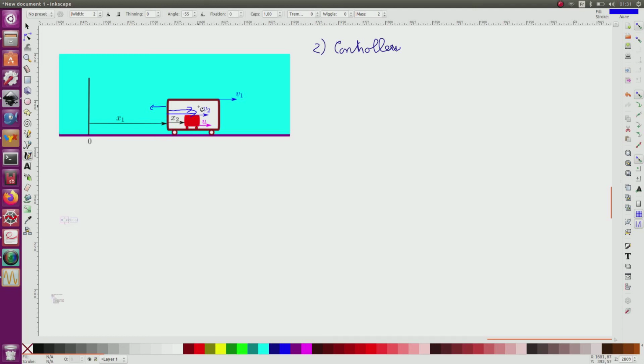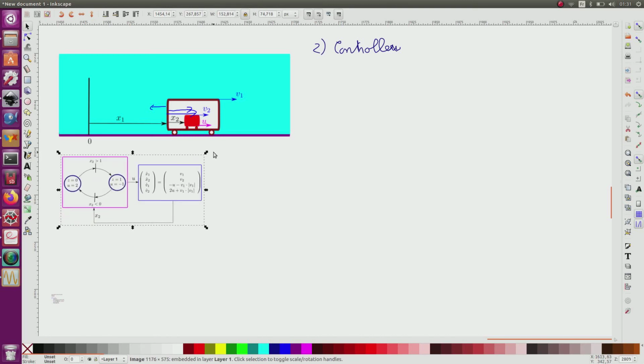Okay. So what we propose for this is the following controller, which is given here.